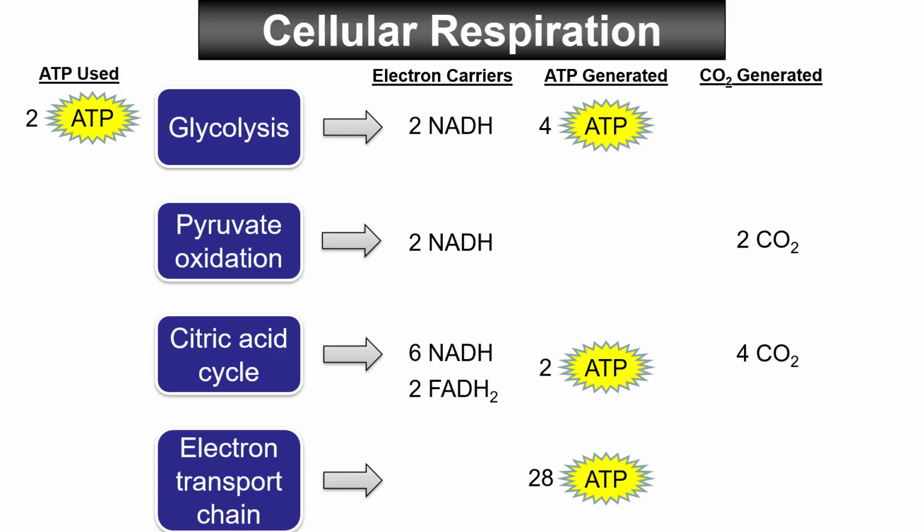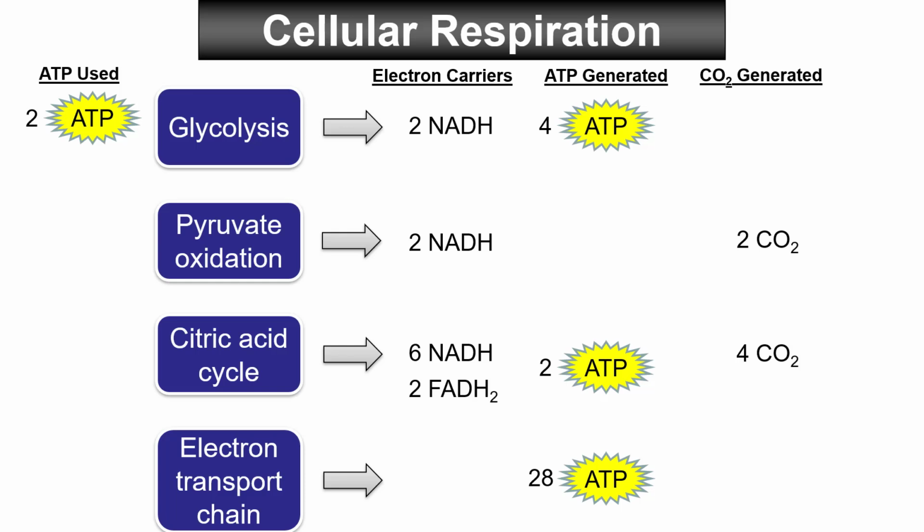And anytime it loses one of those carbons, it's lost as carbon dioxide. So we know that 2 of the carbons of glucose are lost during pyruvate oxidation, and they're lost as carbon dioxide, okay?